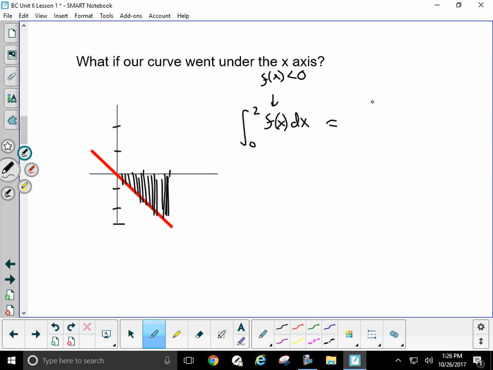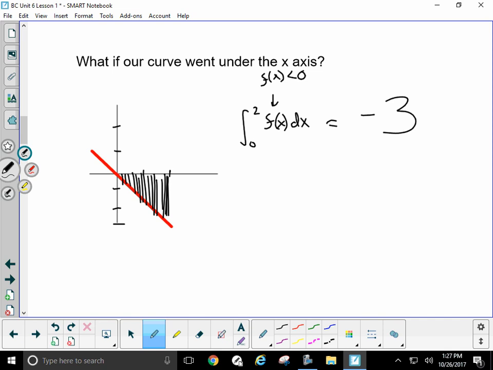It's going to be 3, but I'm going to call it -3. Why? Because the function values are negative. And now you might be saying, but Mr. Messner, my geometry teacher always told me that area is always a positive thing. Well, sure. We're just going to consider some of our areas to be negative, and apologies to your geometry teacher, okay?